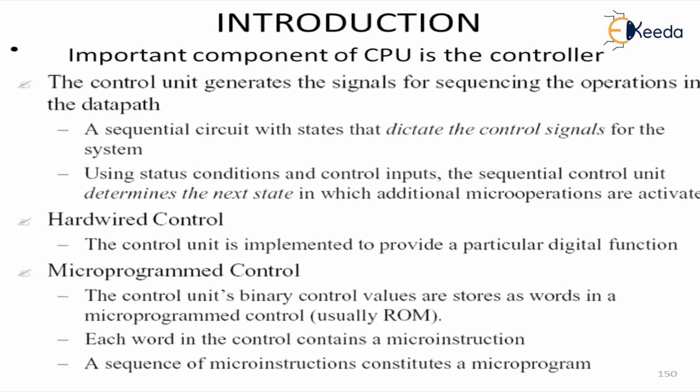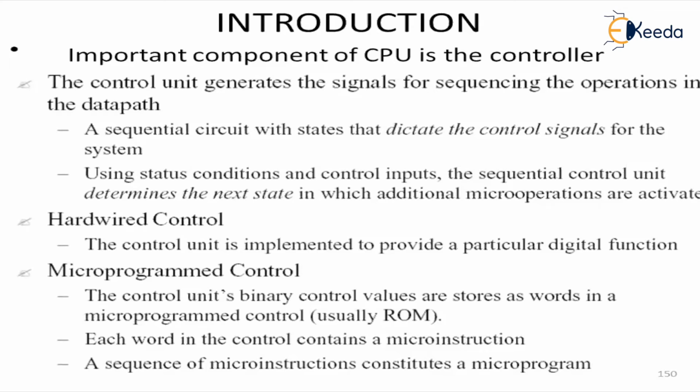In a microprogram control unit, the binary control values are stored as words in a memory, which is usually called ROM. Each word in the control memory is stored in the form of micro instructions. Now, why micro instructions? Because we want to execute instructions in a faster way, and we are aware that we are using nanotechnologies for the execution.